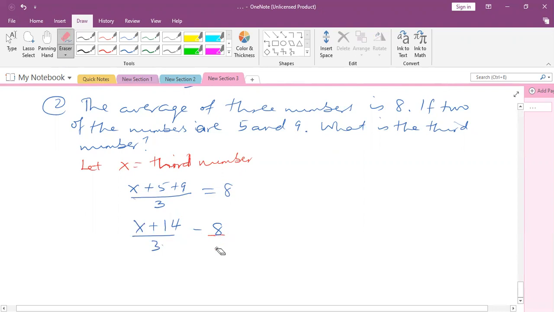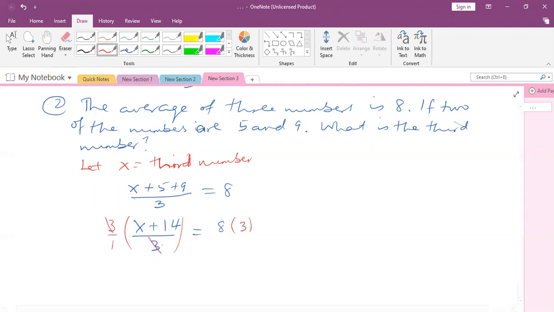So that's one approach. Or, as I said, we can just multiply both sides by 3. Whatever I do to the left side, I do the same to the right side. This 3 will cross out, so we end up with x plus 14 is equal to 24.